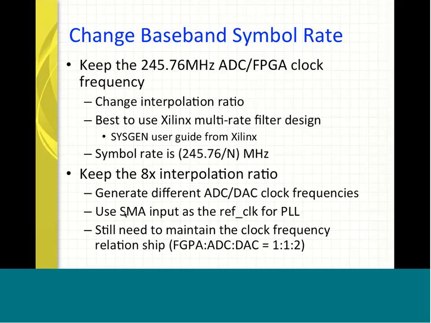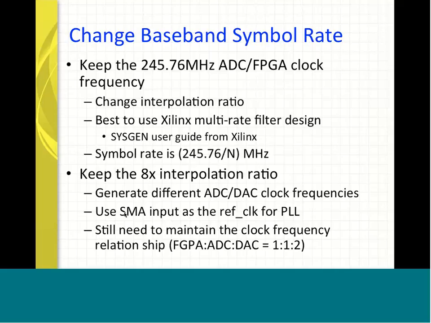You can also introduce, for example, 3x or 5x interpolation ratios into this transmit signal processing to change your rate. In addition, there are techniques from the System Generator user guide for a fractional rate change, meaning you can upsample by m and then downsample by n.